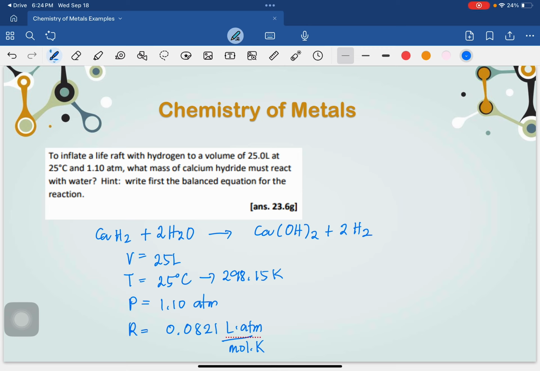Okay, so let's continue. This is an ideal gas law problem. So we just get PV equals nRT. That's the ideal gas formula. Let's substitute the values that we have.